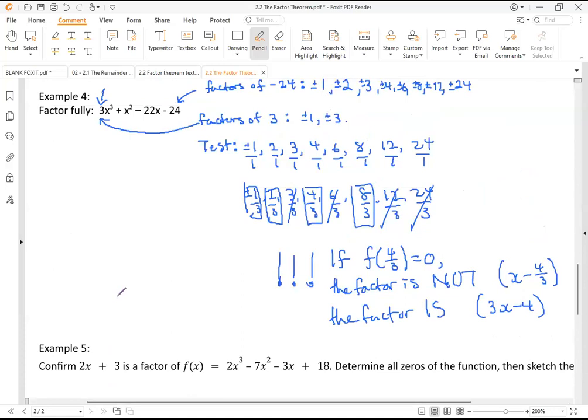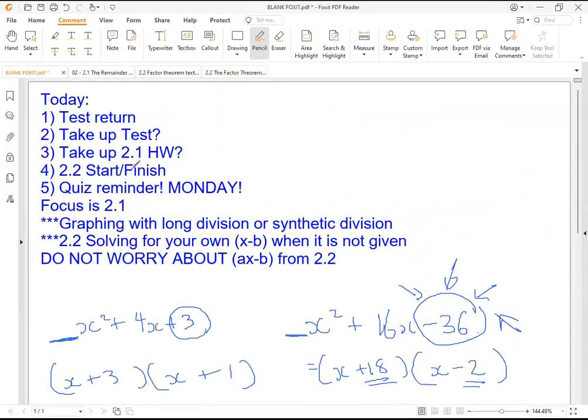For your quiz, it is going to be mainly focused on long division, synthetic division, and the remainder theorem, in other words, plugging it in to find a 0 or another number. And if I ask you to find your own factor, it will be just that. No fractions, just integral zero.